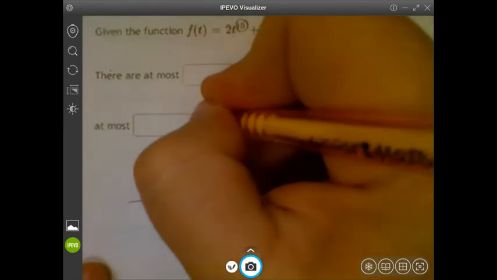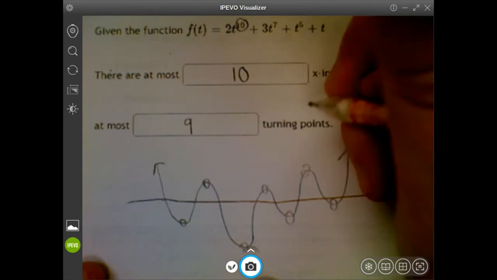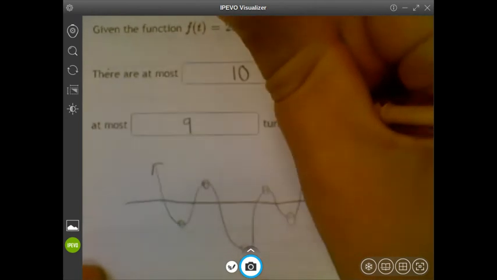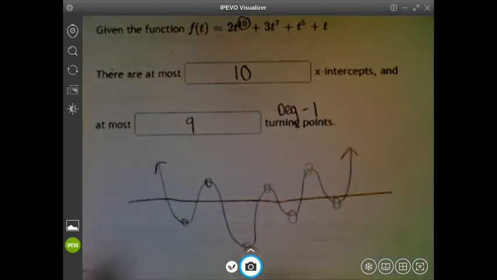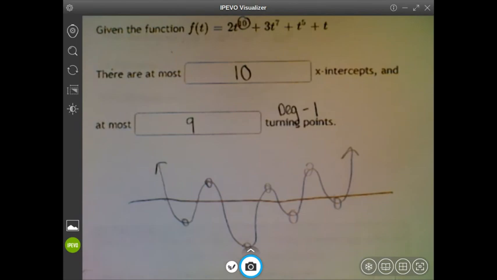And so there's at most 9 turning points. Turning points is always the degree minus 1. So whatever your degree was, which was 10 in this case, subtract 1, it means that the graph can have 9 places where it changes direction. That is the most, no more than 9. It could have less than 9.